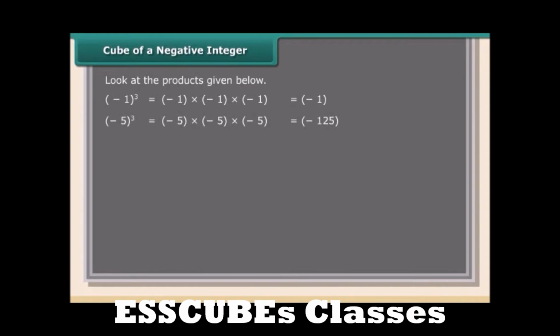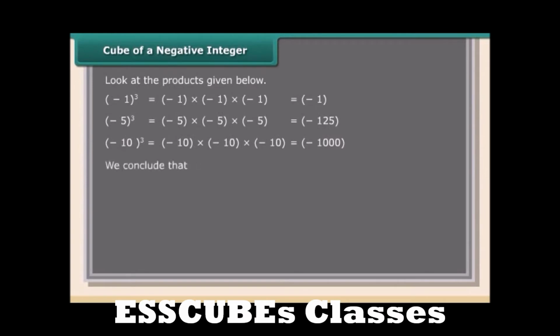Cube of a negative integer. Look at the products given below. -1 cube is equal to -1 into -1 into -1, which equals -1. -5 cube is equal to -5 into -5 into -5, which is equal to -125. -10 cube is equal to -10 into -10 into -10, which is equal to -1000.